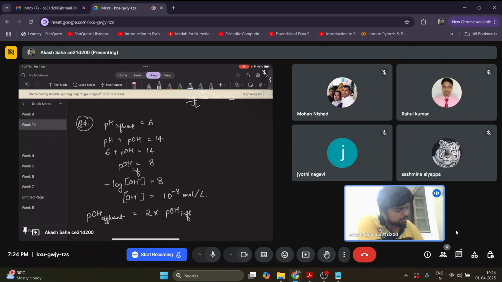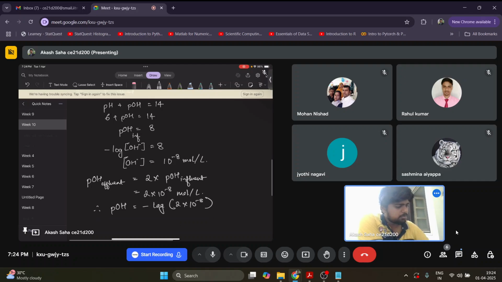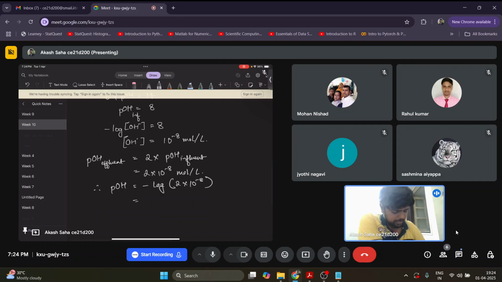So this is given in the question. So this is nothing but 2 into 10 to the power minus 8 moles per liter. Therefore, the pOH will be minus log of 2 into 10 to the power minus 8. If I solve this in the calculator, I will get 7.69897.